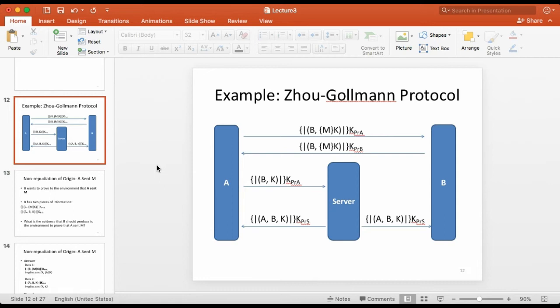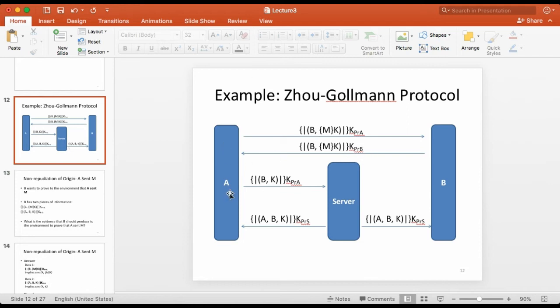Okay, so it's a simple protocol consisting of 4 steps, and essentially it involves agent A communicating with agent B. So they are the ones that participate in this protocol, and they do so with the help of a trusted server, let's say a database server.